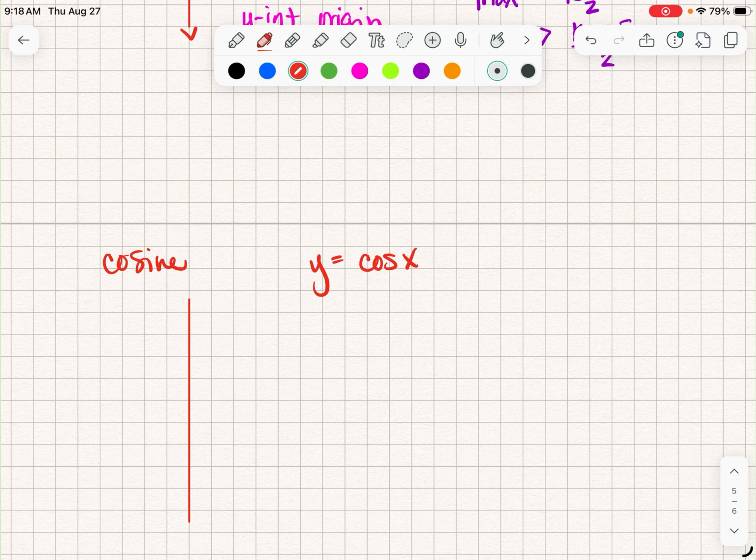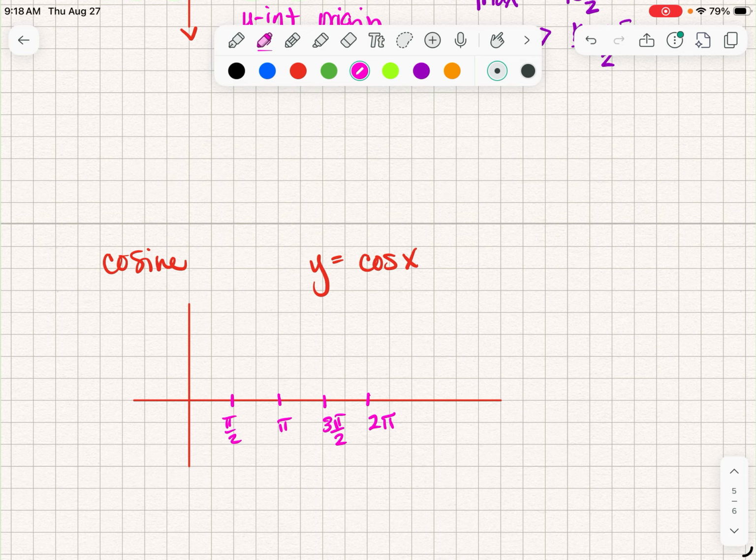Okay, so again, we're going to kind of sketch this one. And it uses the same intervals. Pi halves, pi, 3 pi halves, 2 pi.